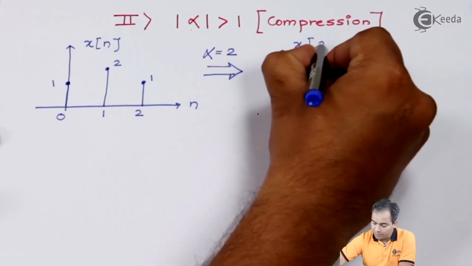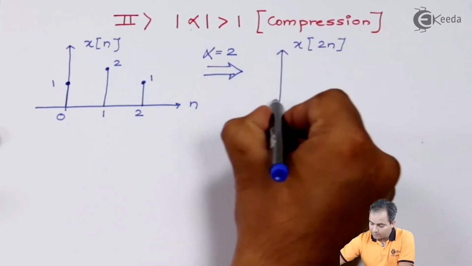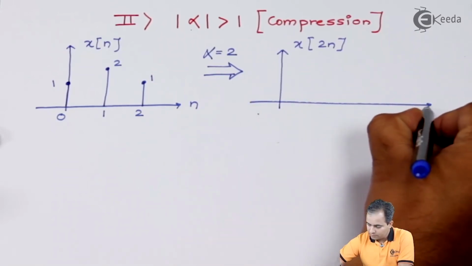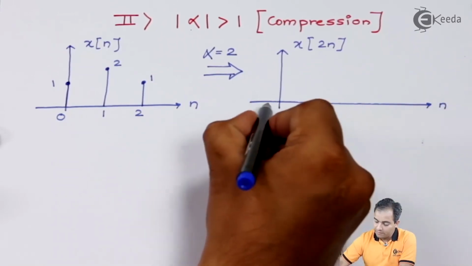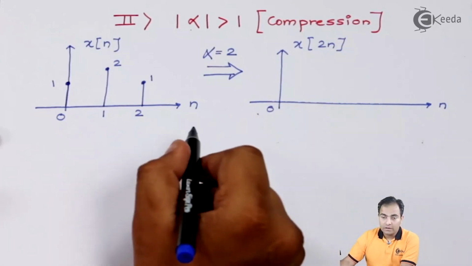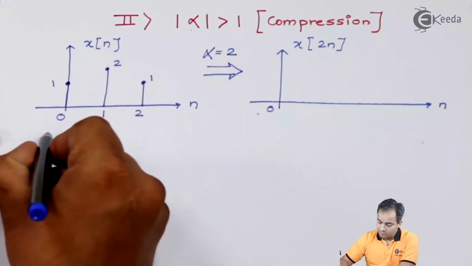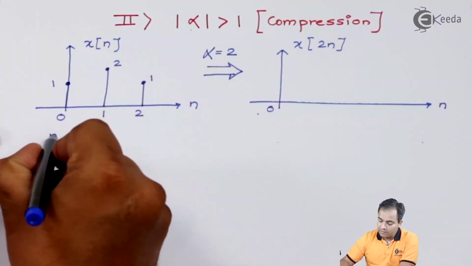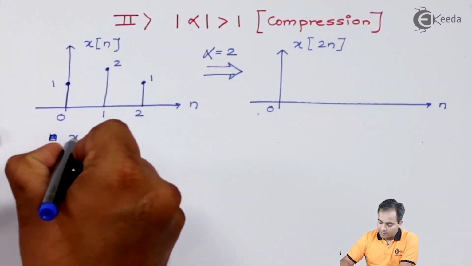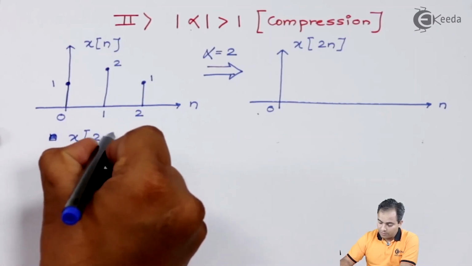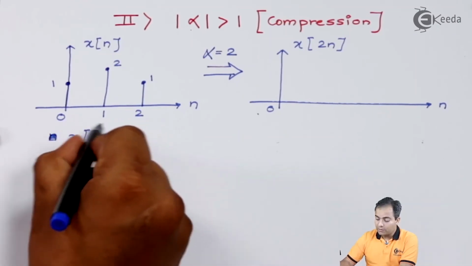we'll write x of 2n. This is n 0. Now we'll substitute the values of n. So for x of 2n, I am going to substitute the values of n.